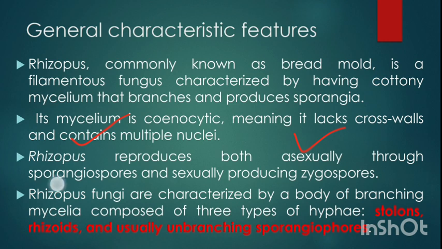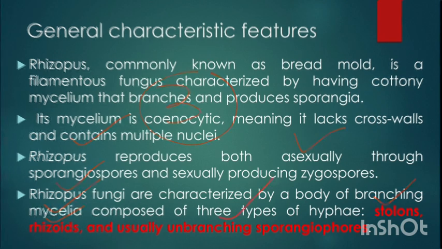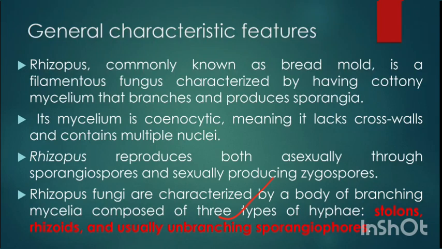Okay, so Rhizopus fungi are characterized by having a body with branching mycelium, and their body is composed of three types of hyphae. One is stolons, horizontally developing stolons, then rhizoids, which are positively geotropic, and upright sporangiophores.